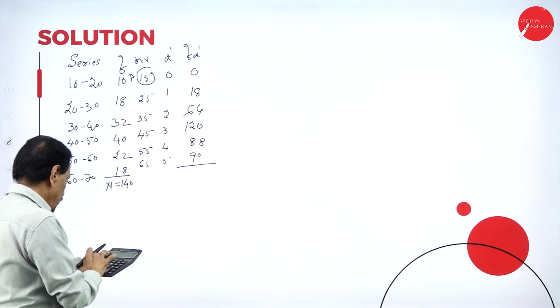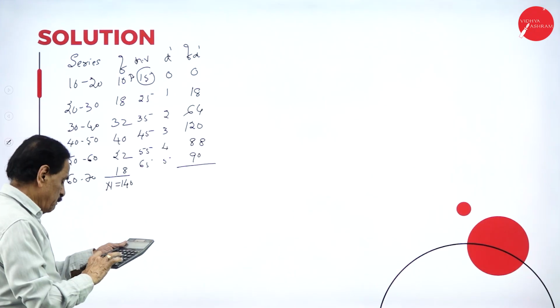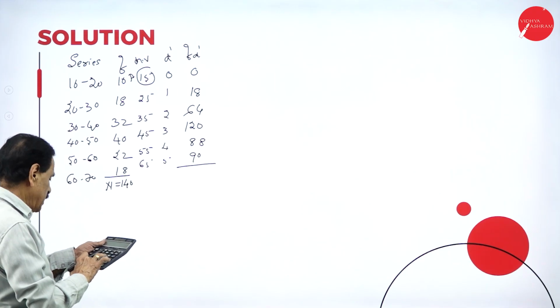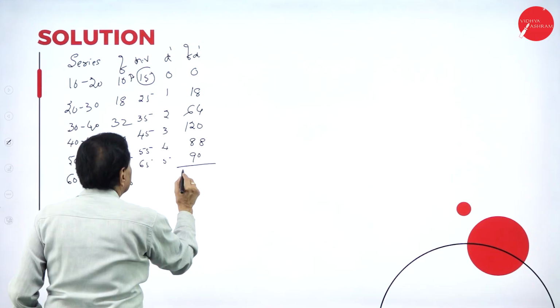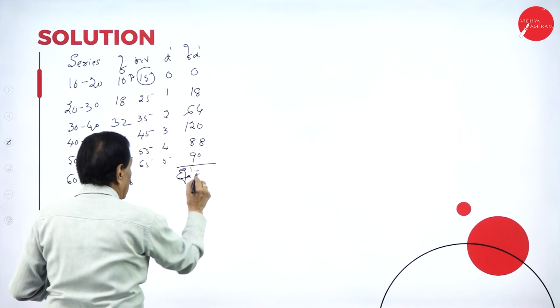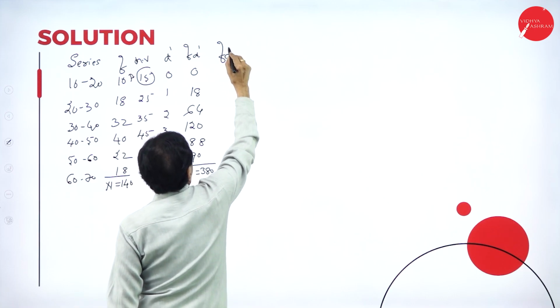Add the figures: 18 plus 64 plus 120 plus 88 plus 90 is 380. So sigma f d dash is 380. Then f d dash square.